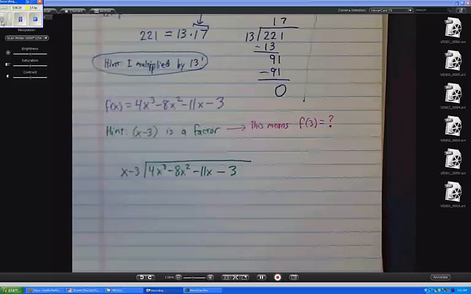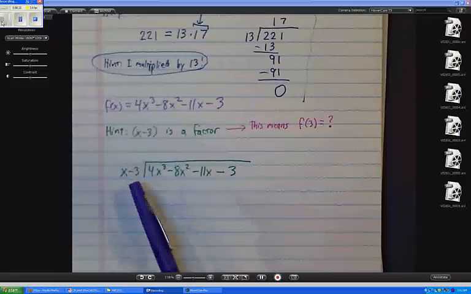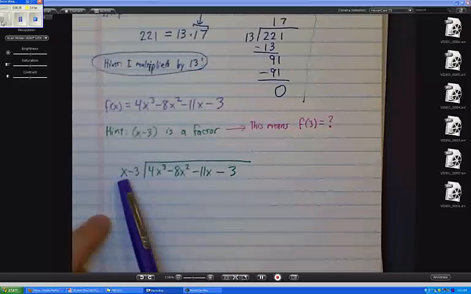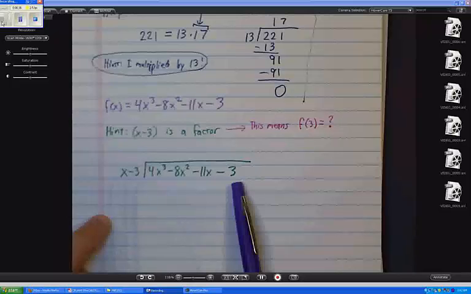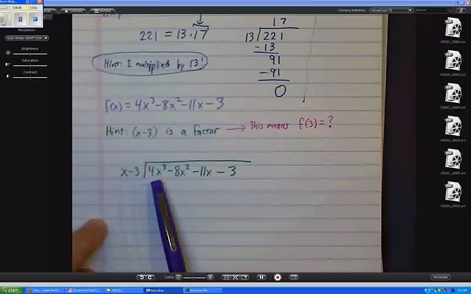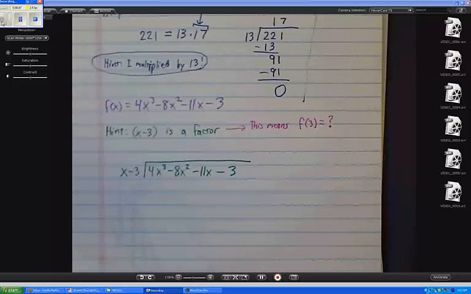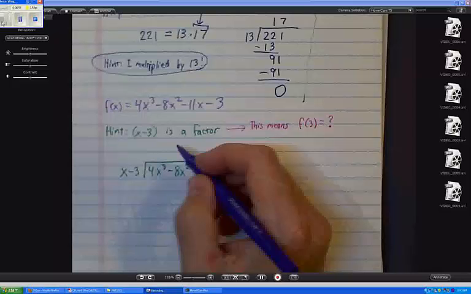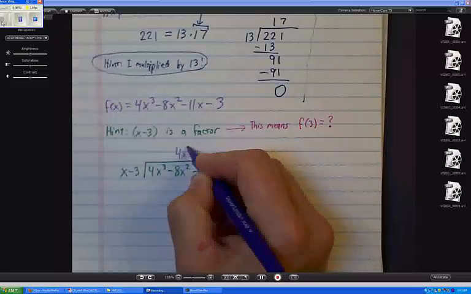So we divide. Now when you do this, watch. Don't try to do x minus 3 into the whole thing at once. Just look at the x. And I say x times what would give me 4x cubed? X times what? 4x squared, right? So I'm going to put a 4x squared. I like to line up, kind of like lining up my place values.